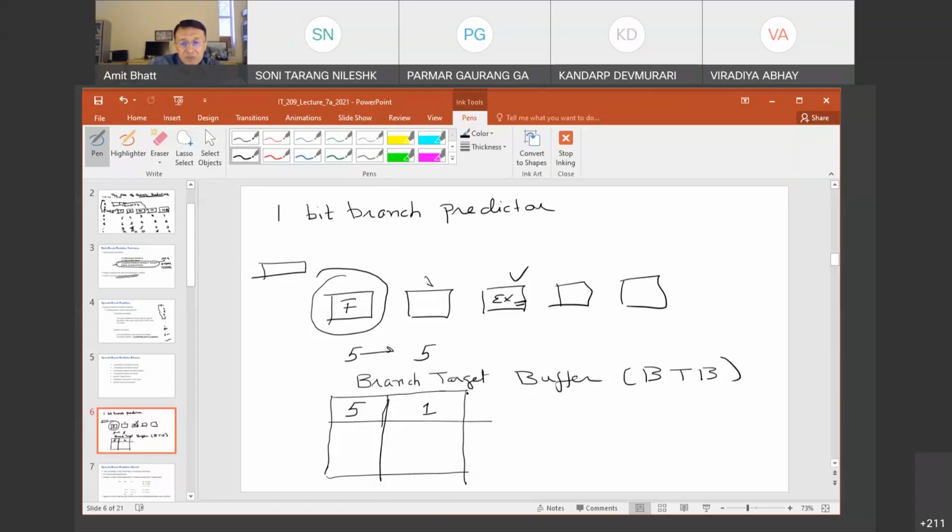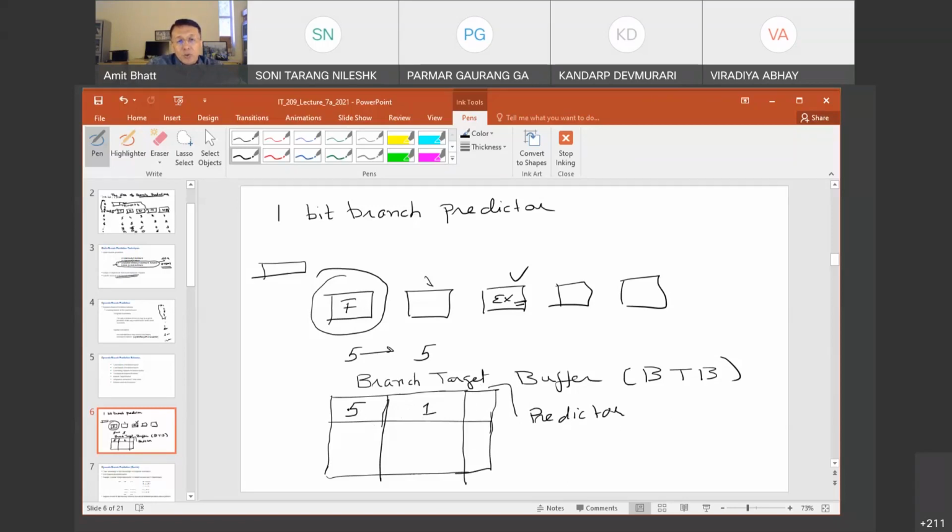So then you need something which is known as a predictor. The predictor will say that you are going out of your normal PC gets PC plus 4, right? You are not going to 6, but you are going to 1. So the predictor will tell you whether you should go to 1 or go to 5.